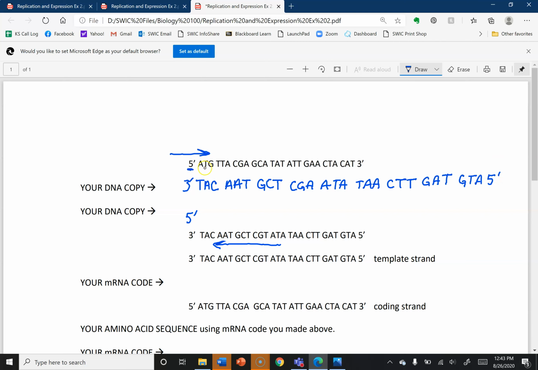So I just followed my parental strand all the way through and looked for the complement there.